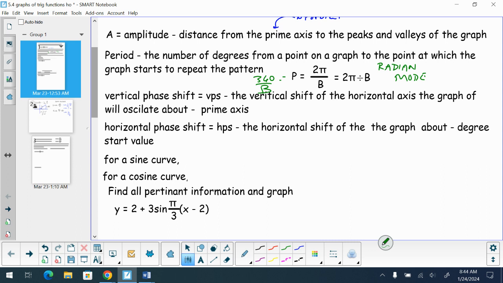And that's once again what you oscillate about, what you go up from for your peaks, and down from for your valleys. What we talked about before in the algebraic world, we called this a vertical translation. It's a slide vertically up and down of a graph.